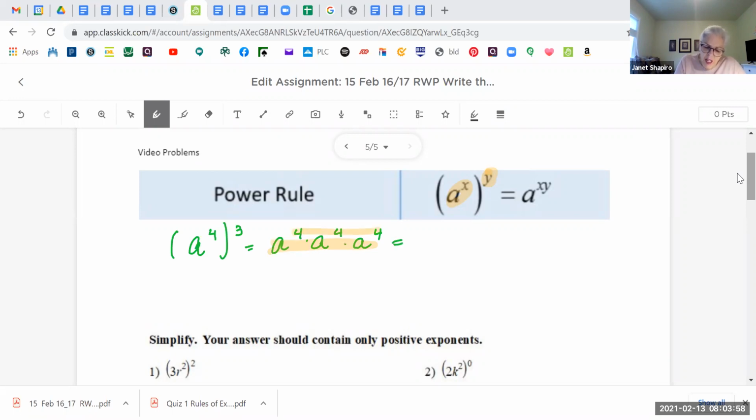So we would get a to the 4, 8, 12, a to the 12. But you might notice there's a shortcut we could take. And if we look here, 4 times 3 is 12. The shortcut is we can multiply the exponents.